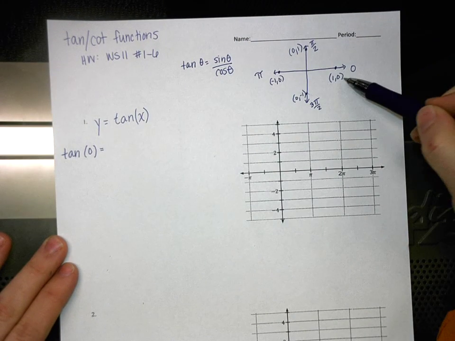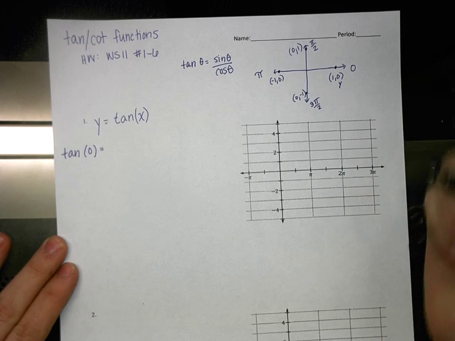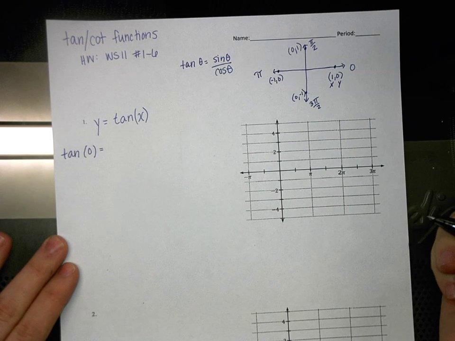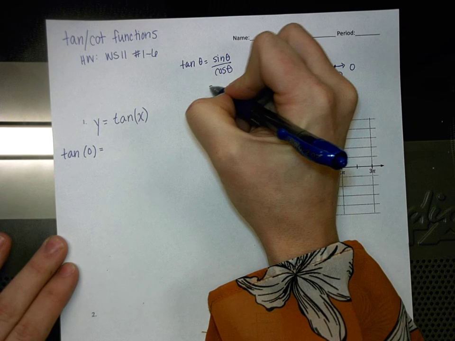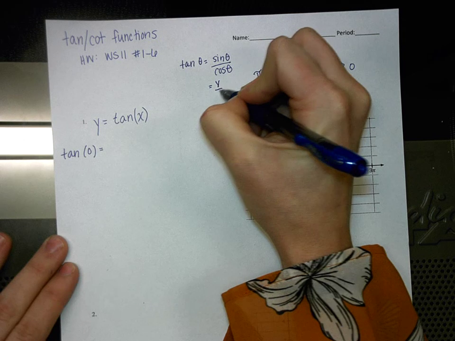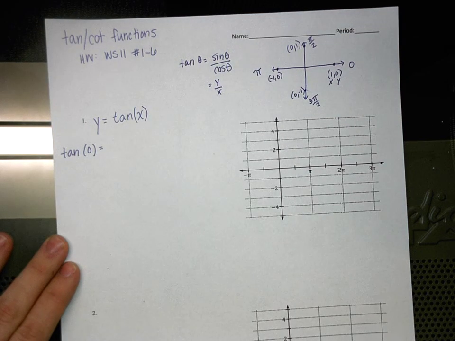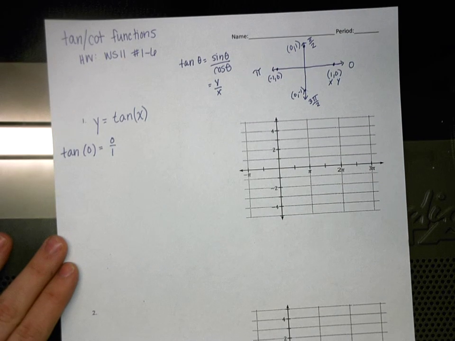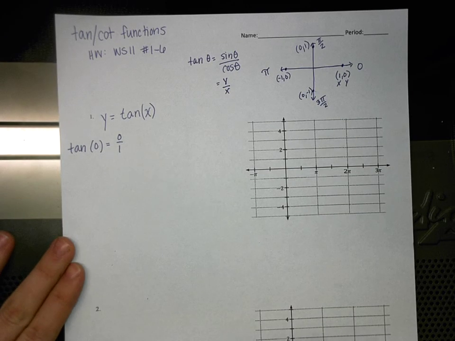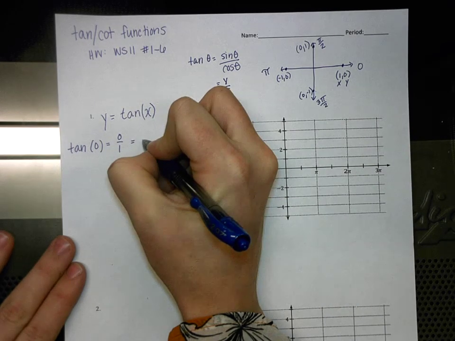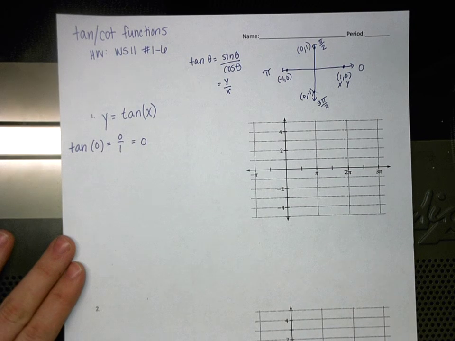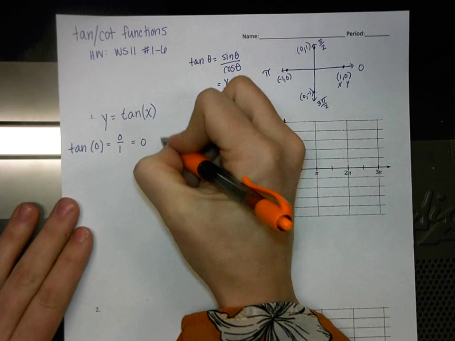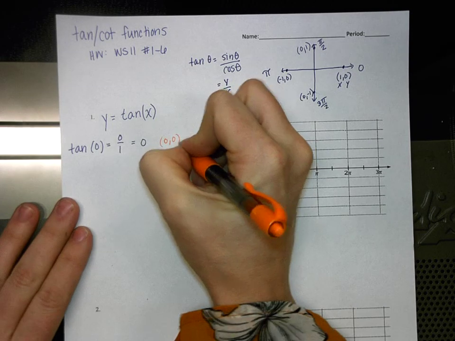So we're going to look at our sine value, which is our y value, and our cosine value, which is our x value. So we're doing y over x, which gives me 0 over 1. And 0 over 1 is equal to 0. So this point is 0, 0.